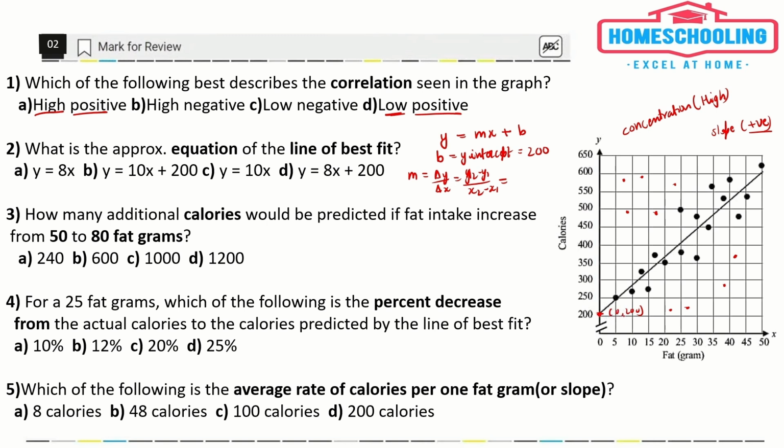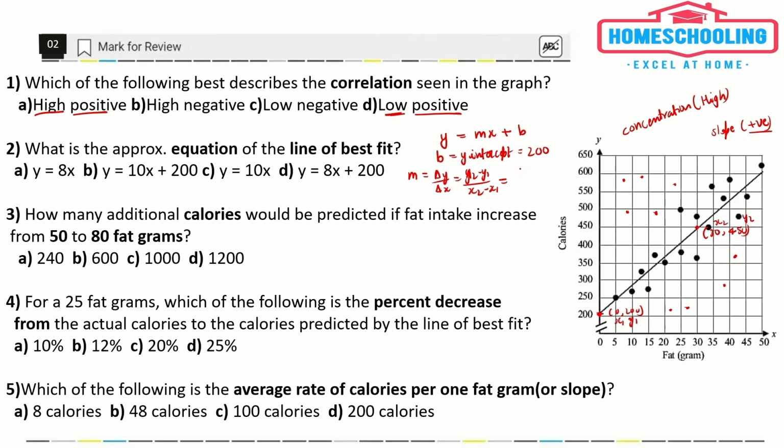Now let's take one more coordinate, let's say this one. Here the x value is 30, and the y value is 450. So this is going to be our x1 and y1, and this is going to be our x2 and y2.